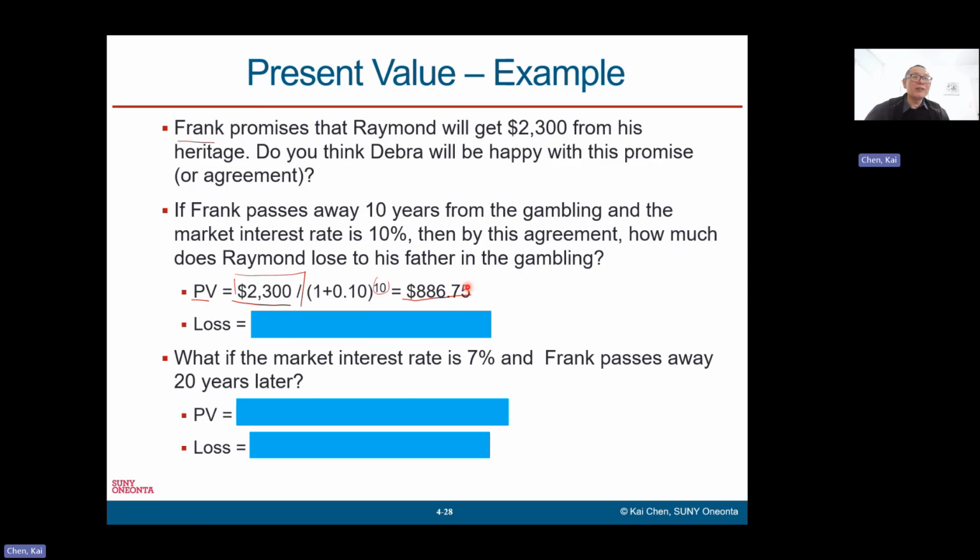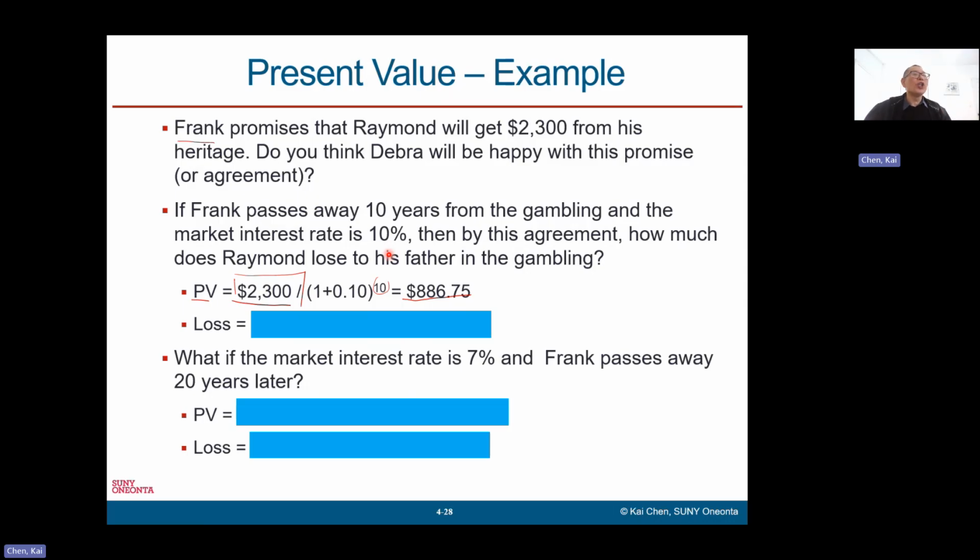However, there is a condition. After you receive this amount, you have to deposit it into a bank account immediately and keep the account for 10 years. Because the market interest rate is 10%, you'll earn 10% interest for 10 years.